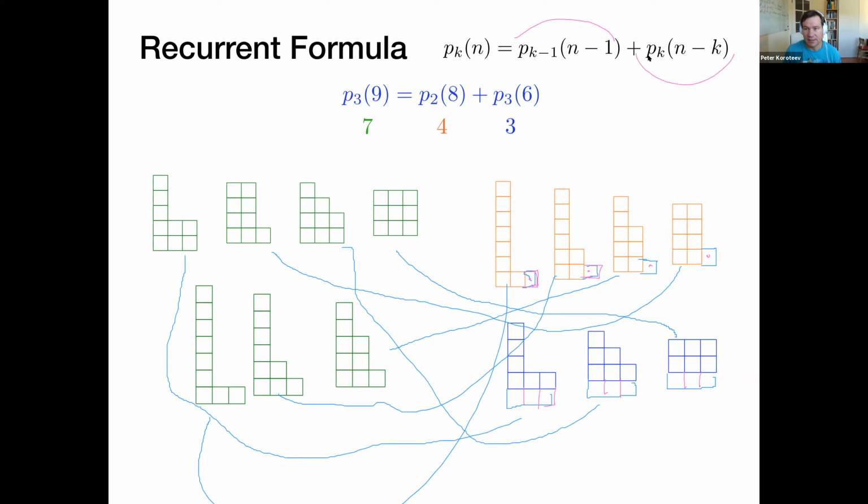Because you keep the same k, so you don't change the number of parts, but you need to add k blocks to go from here to here. You need to add k blocks by keeping the same number of parts. What's the way to do it, right? You just add another row at the bottom, right?